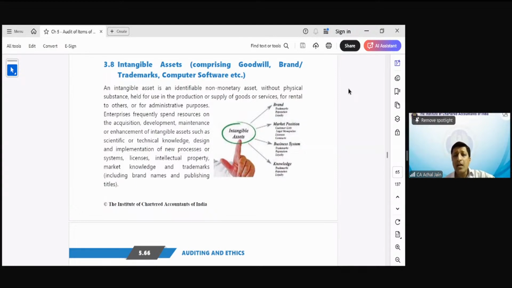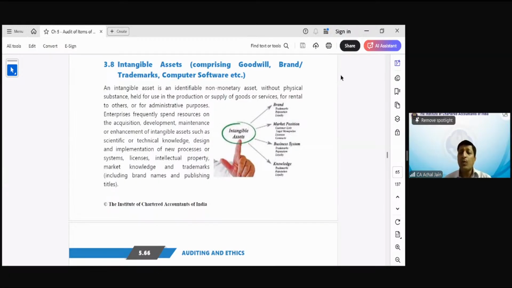An intangible asset, as the terminology suggests, is an asset which is intangible in nature, which means it is without physical substance. For example, trademark, software, brand. These are the assets which do not have any physical substance.